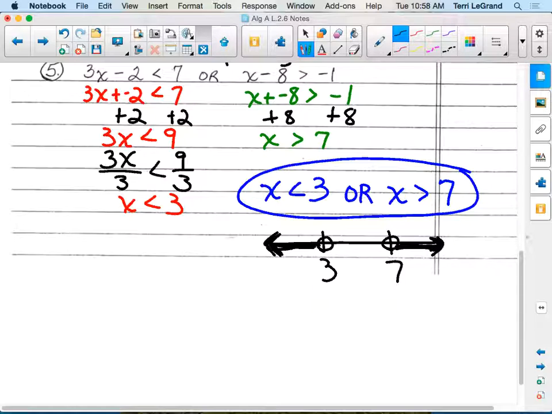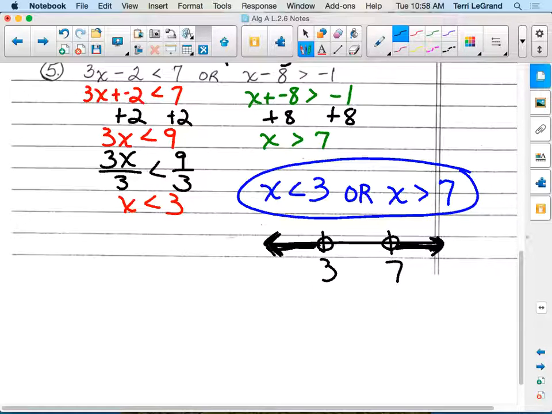Now I want to caution you. I said at the beginning of this that the ORs typically have this behavior where you shade opposite the endpoint. Doesn't mean it happens like that all the time. I said typically. Typically means most of the time, not all the time. So don't just automatically shade going out from it without asking yourself, is that the way I should be shading?